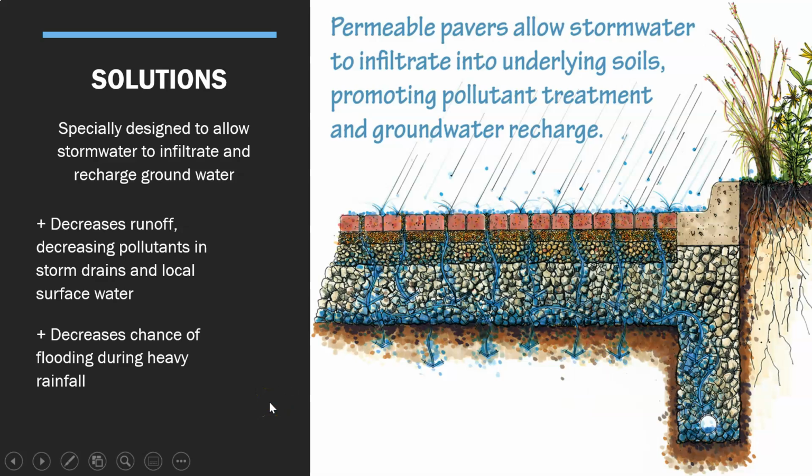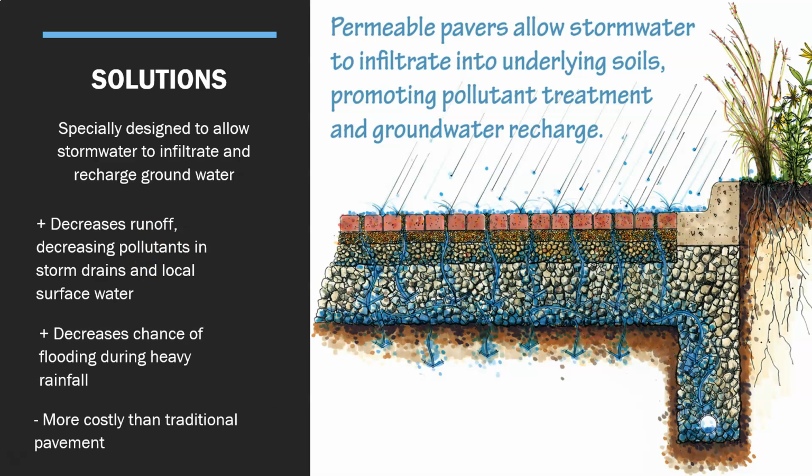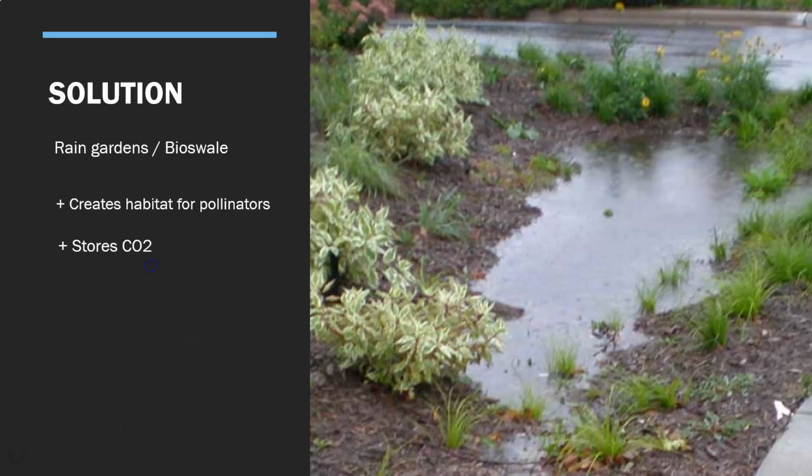The positives are that it decreases runoff, so we don't have urban flooding, decreases pollutants in the storm drains and local surface waters, and it also decreases the chances of flooding during heavy rainfall. Problems: it's more costly than traditional pavement, which seems to be the theme with many of these more sustainable solutions, that the cost is a barrier to implementation.